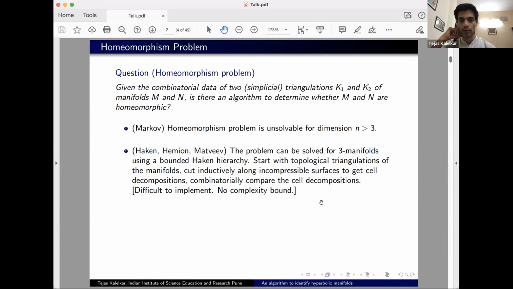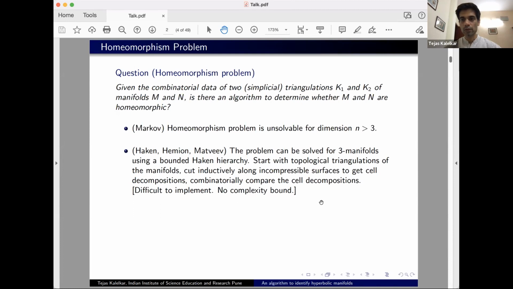The rough outline is that you start with a topological triangulation of the manifold, then you cut inductively along incompressible surfaces, and you end up with cells, and then you combinatorially compare the cell decompositions, and that should tell you whether the original manifolds are homeomorphic or not. Now, this, of course, is a gross oversimplification, and the full algorithm is fairly difficult to implement, and there are no known complexity bounds for this algorithm.